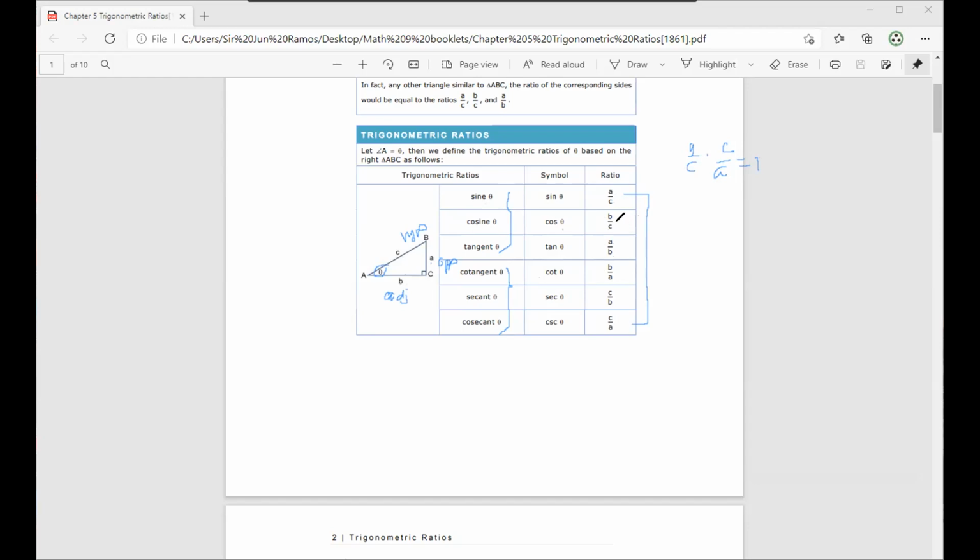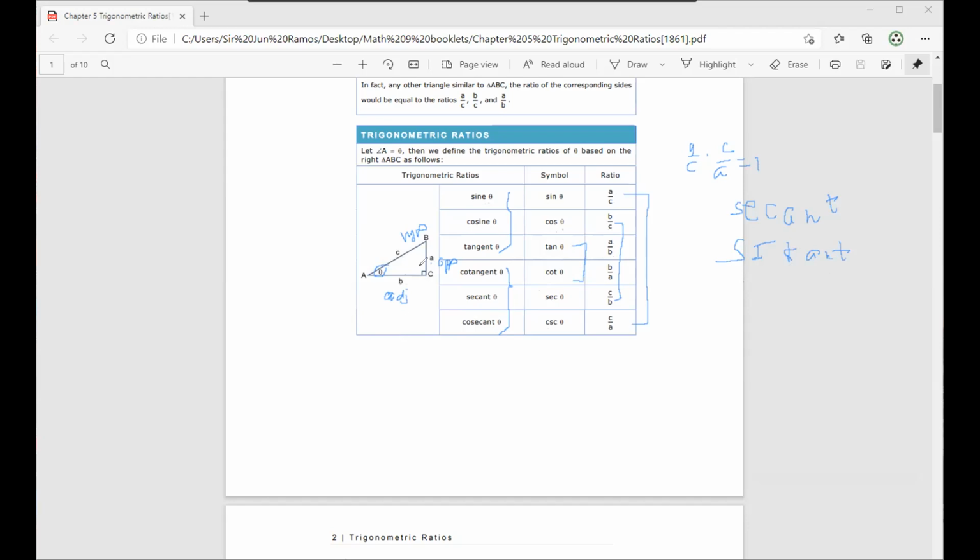And notice also that cosine here is reciprocal to the secant. So we pronounce this one here secant as s-e-c-a-n-t, not secant. So cosine and secant are reciprocals and tangent and cotangent are reciprocals.